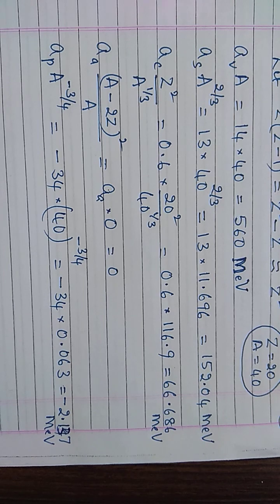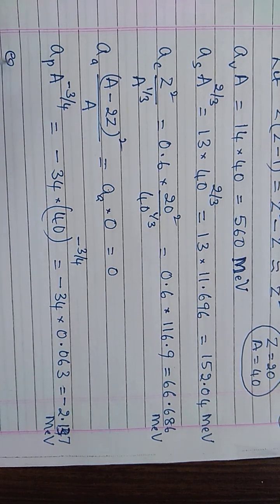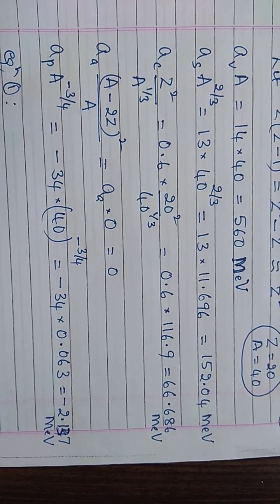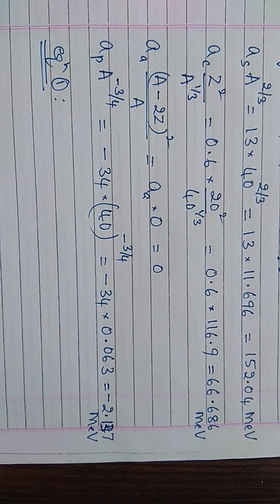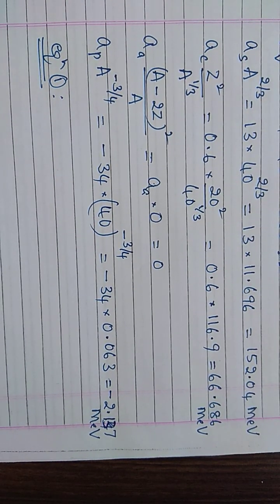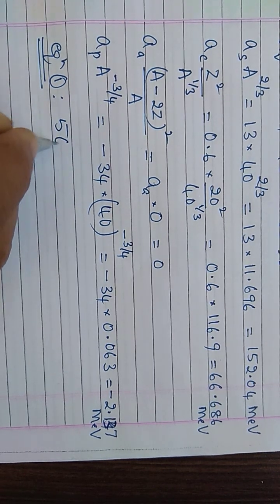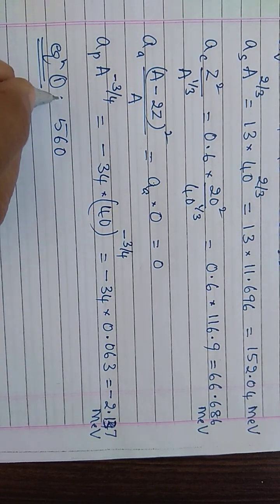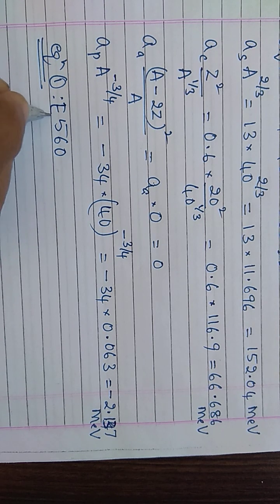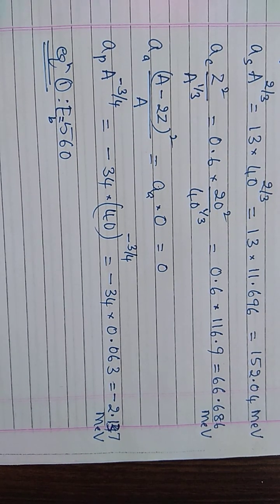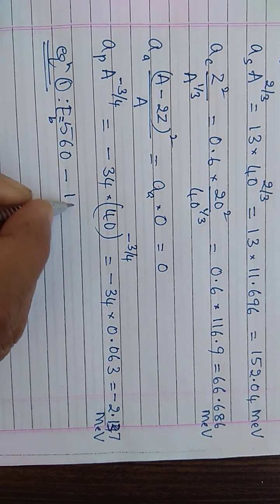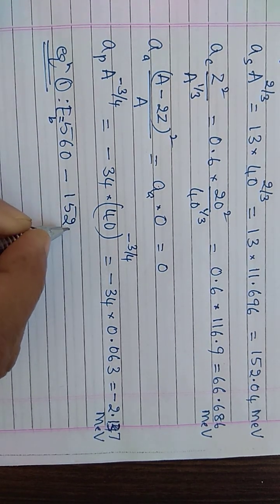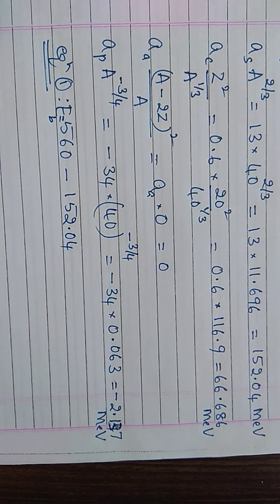Okay. Now going to equation number 1. Substitute all these things in equation number 1. The first part you got as 560. This is your EB. Binding energy is equal to 560 minus 152.04.